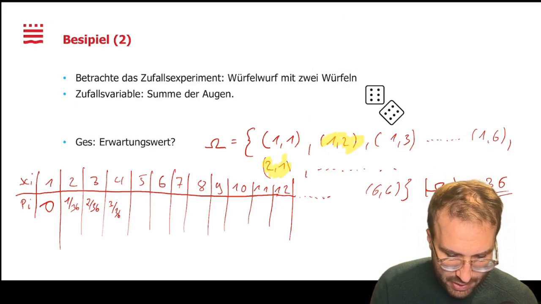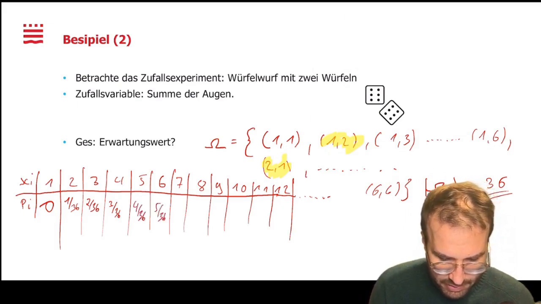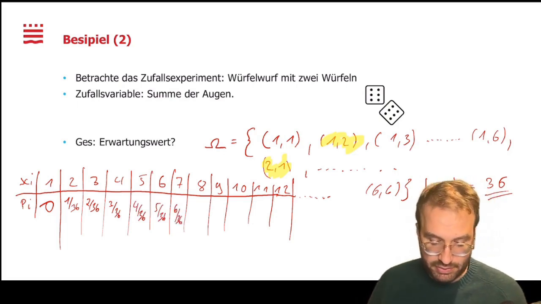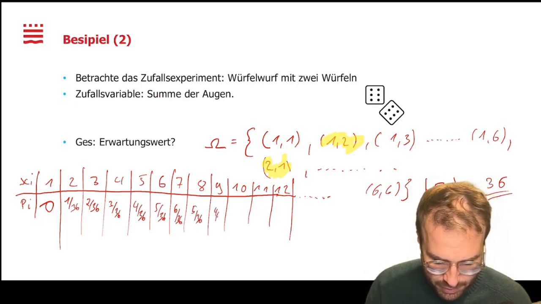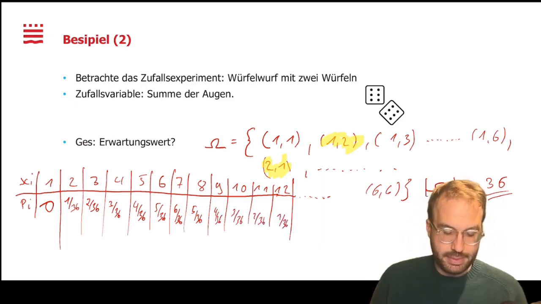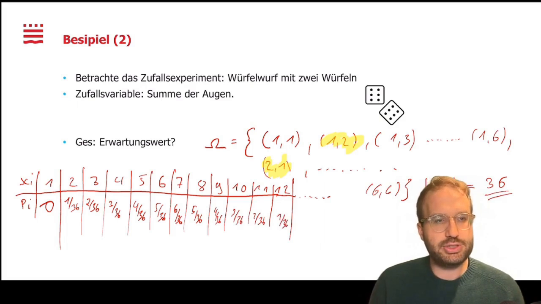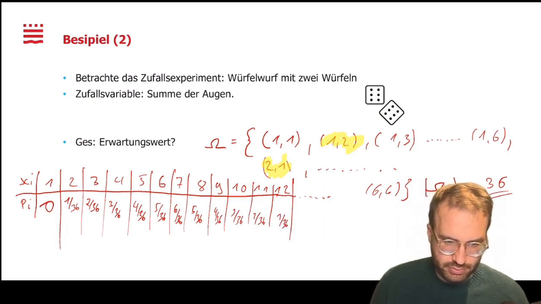You have 3 out of 36, 4 out of 36, 5 out of 36, 6 out of 36, and then it goes back down. So in general, 7 has the highest probability, approximately 1 out of 6.